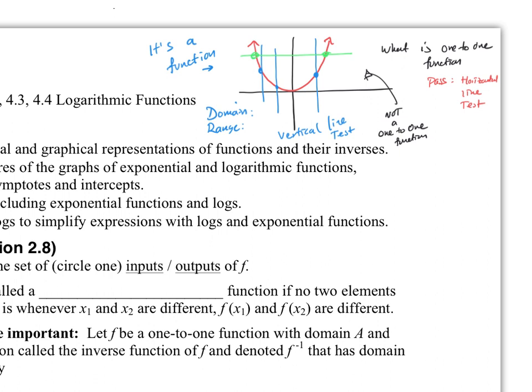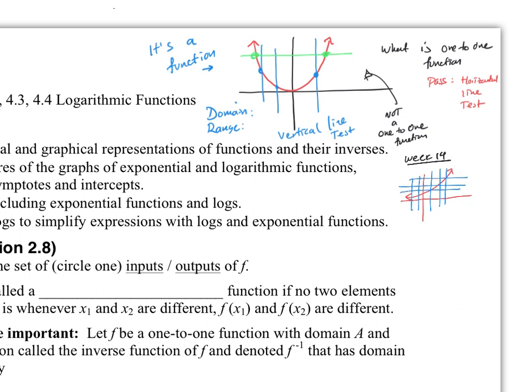Now, from week 14, we saw exponential functions, and the graph for an exponential function, remember, was like this, which clearly passes the vertical line test, which means it's a function, but it also passes the horizontal line test.